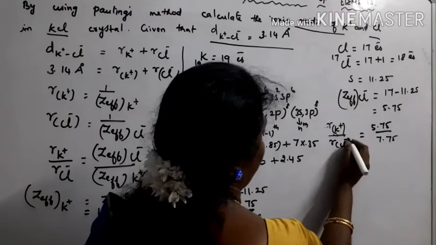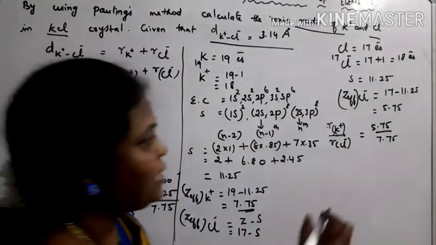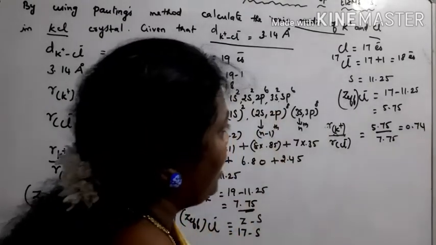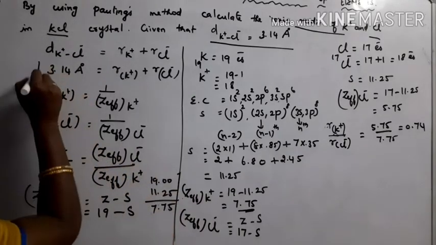We have substituted the values of these two, and while dividing these two values, we get 0.74.